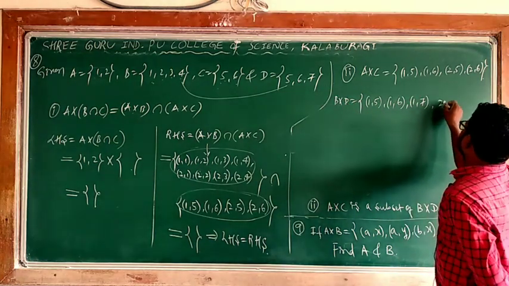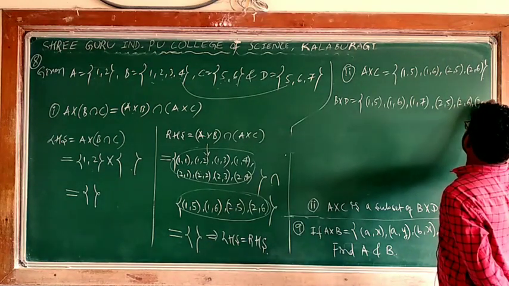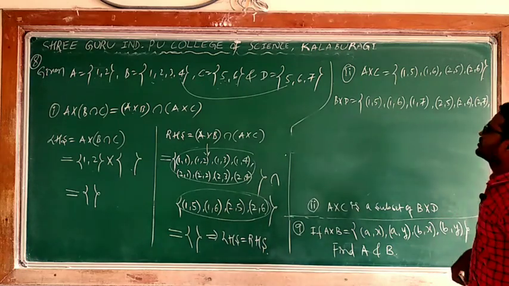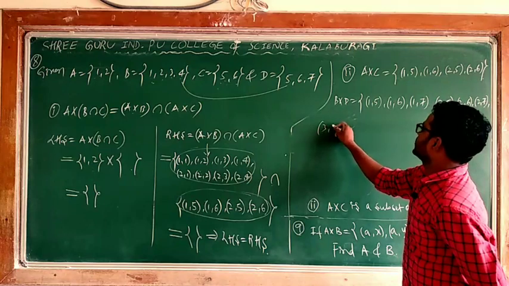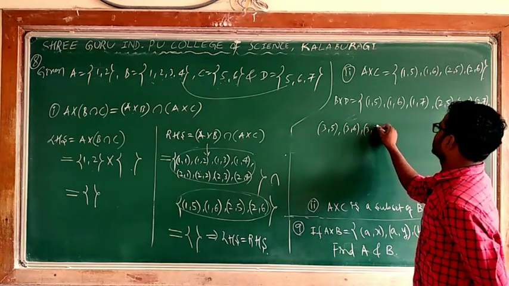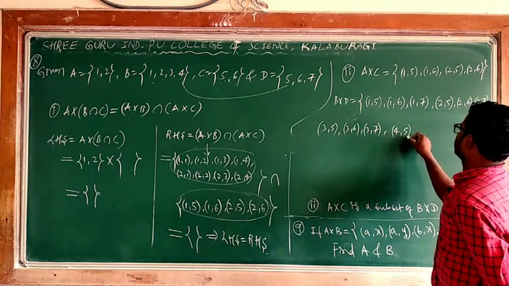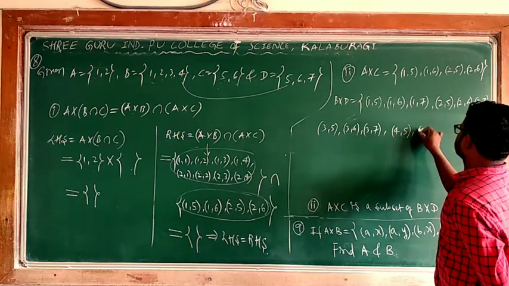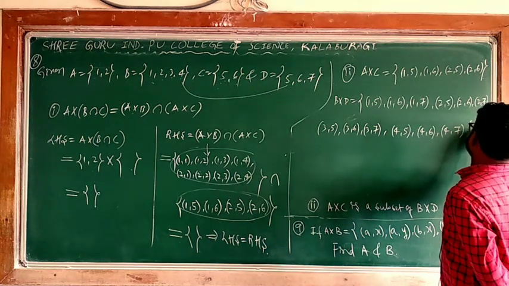Then (2,5), (2,6), (2,7). Then (3,5), (3,6), (3,7), and (4,5), (4,6), (4,7). Is it correct?